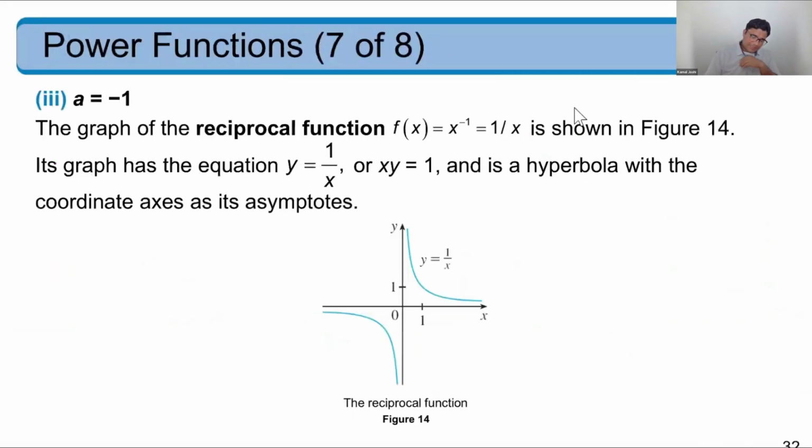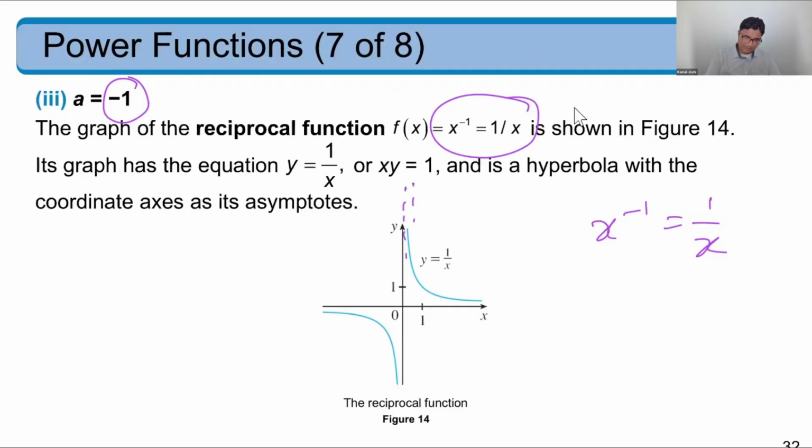Next, if the exponent is negative, say, all of these are power functions. Integer exponent, fractional exponent, now negative exponents. According to laws of exponents, if you raise x to the -1, that is 1 over x. Interesting things happen, because when x gets closer to 0, 1 over x becomes very large.